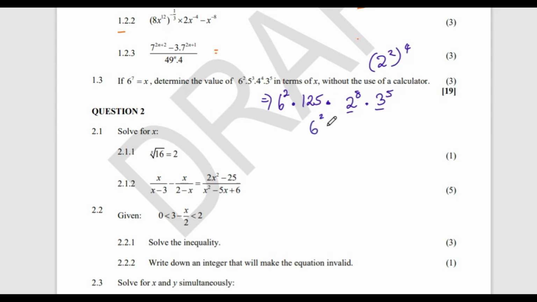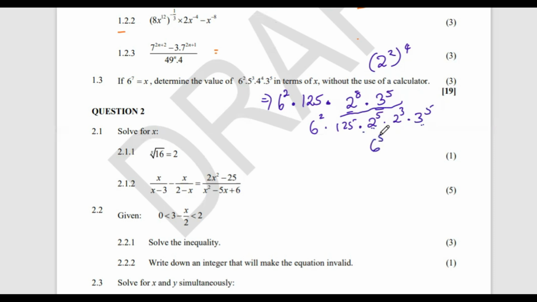So that's going to be 6 squared times 5 cubed times 2 to the 5 and then 2 cubed times 3 to the 5. Let me just erase this. It's saying 3 to the exponent of 5. Okay. And then I know that this and this, I can multiply and get a 6 to the 5.